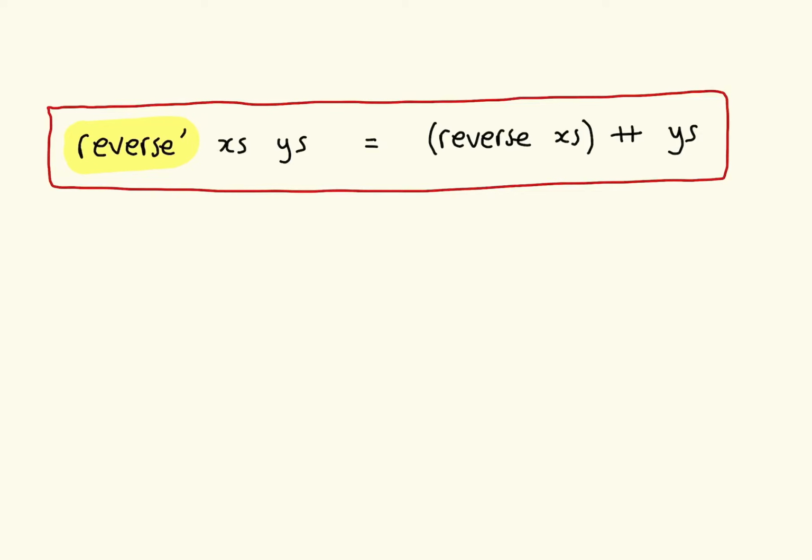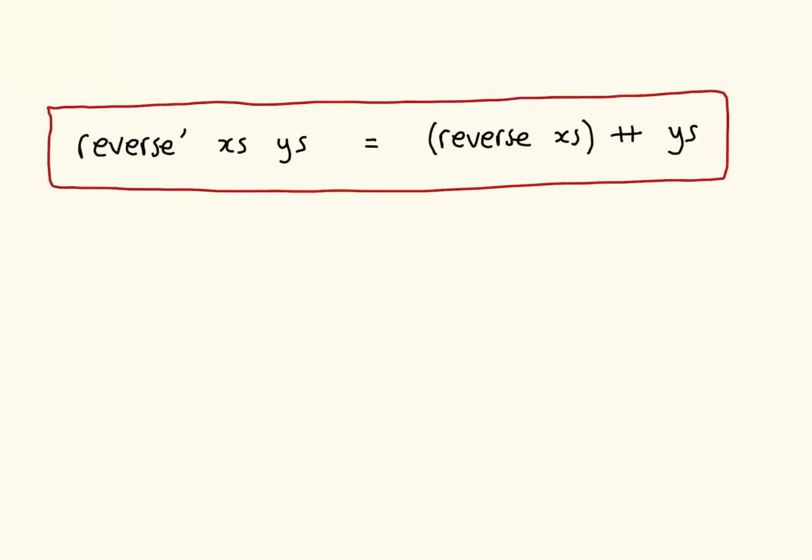I'm going to try and prove that this equation is true by induction on the argument x's, even though I don't yet know what the definition for reverse prime is. And what we'll find by this process of constructive induction is that we get the definition for the reverse prime function essentially for free by following the induction process. So let's see how this actually works out in practice.